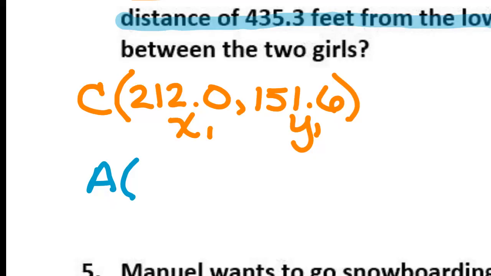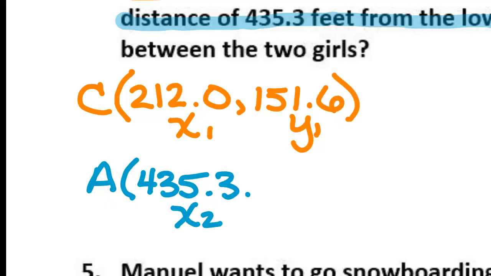What would the x part for Amy be? 435.3, so that's going to be my x2. And what is our y2? What is Amy's y? 311.3. There's our y2.